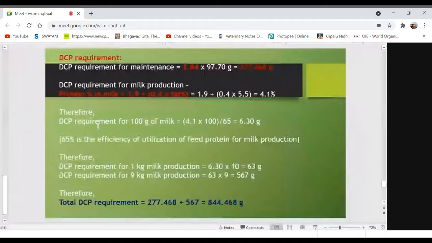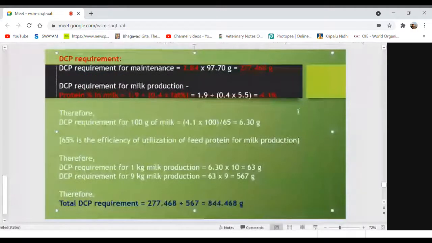Therefore, DCP requirement for 100 gram of milk. Percent means in 100 ml or 100 gram of milk, 4.1 gram protein is present. In 100 gram of milk, 4.1 gram protein is present, isn't it?